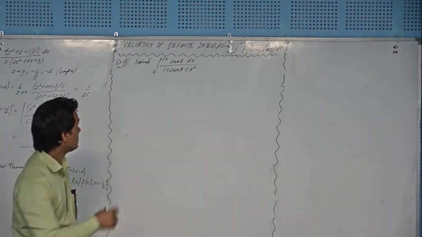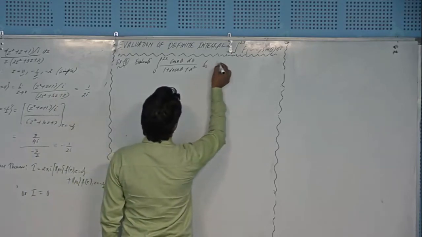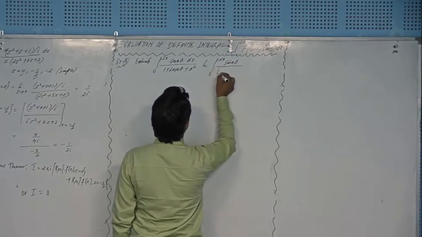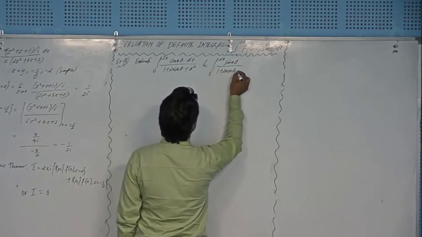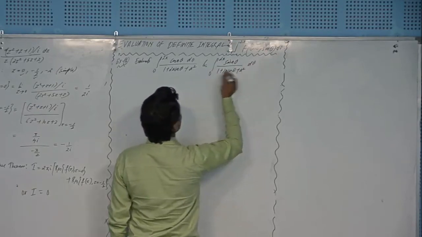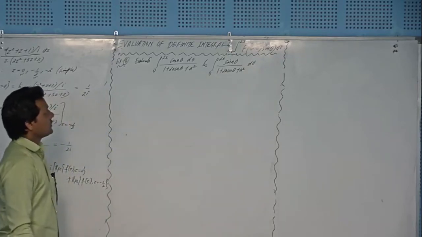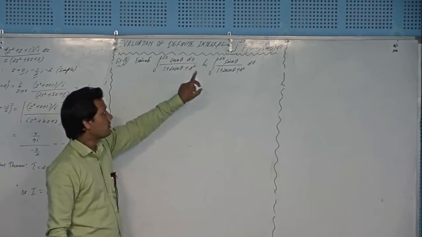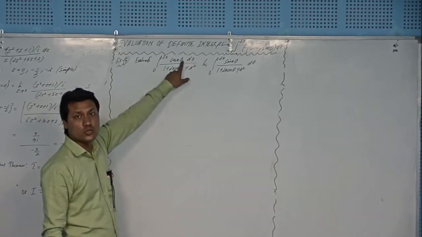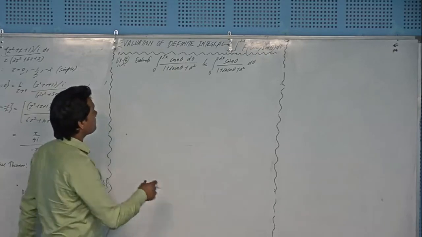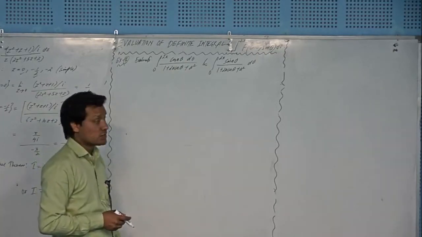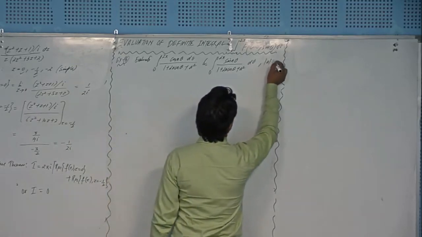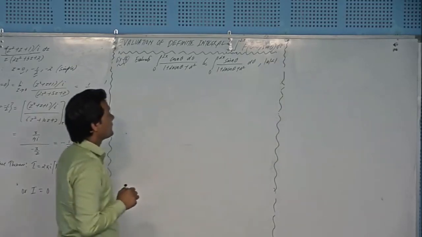And one more thing, sin n theta over 1 plus 2a cos theta plus a square d theta. Again we have cos in the numerator, so for the first part I will replace this by the real part of e to the power iota n theta. And the information about a is that mod of a is less than 1.